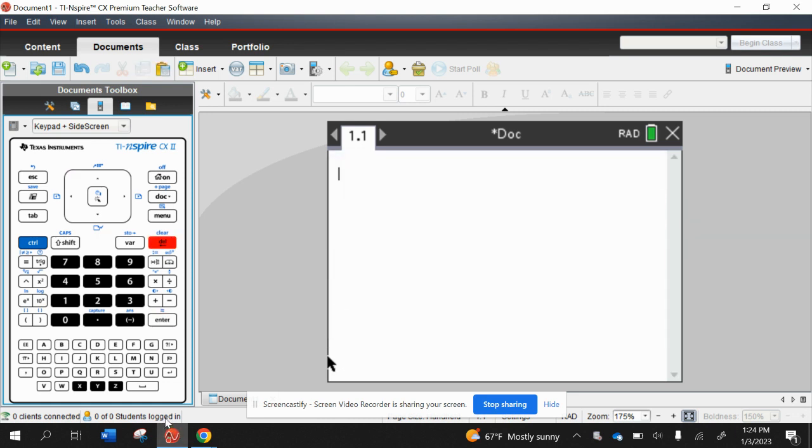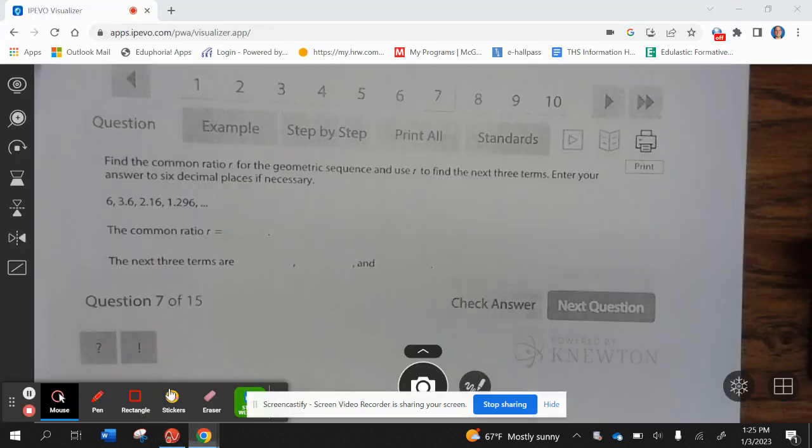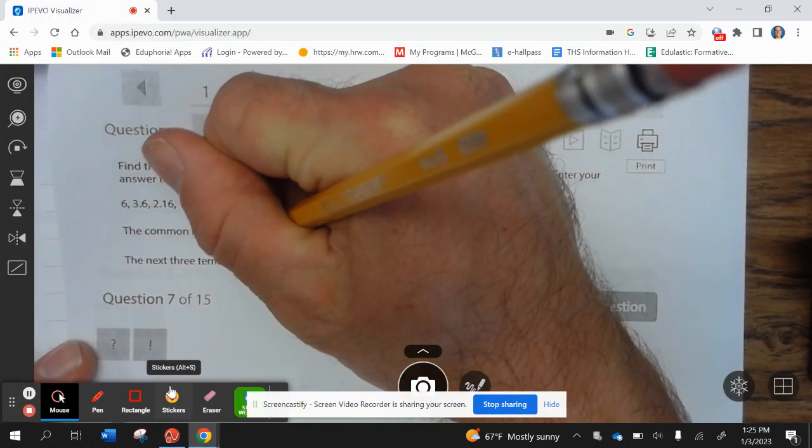We're going to remove our previous problem, and we're going to do 3.6 divided by 6, control enter, 2.16 divided by 3.6, control enter, and 1.296 divided by 2.16, control enter. So you can see the common ratio is 0.6.